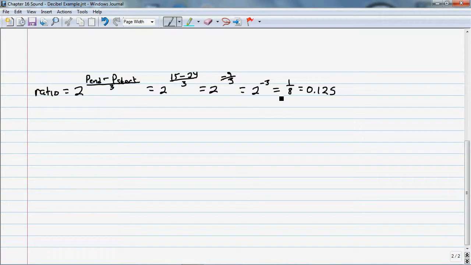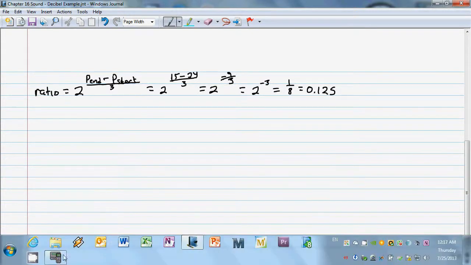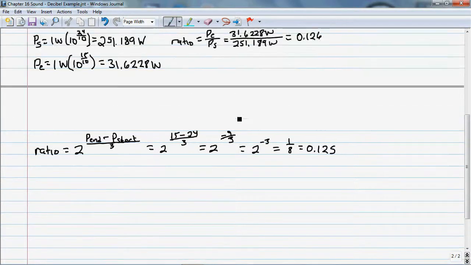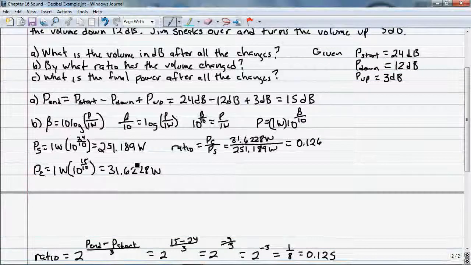Now the last part is the final power after all of the changes. Well, we calculated the final power based on 15 decibels. The other way that we could do it is not having to calculate this value and just using this ratio.